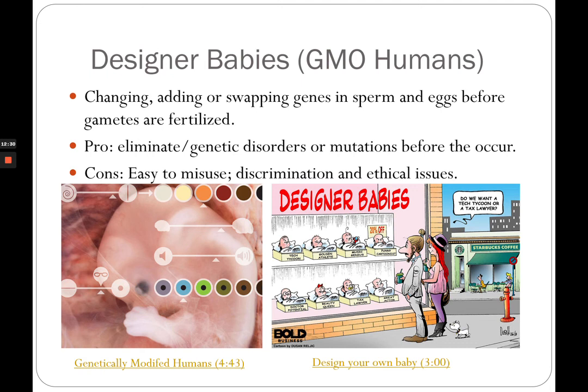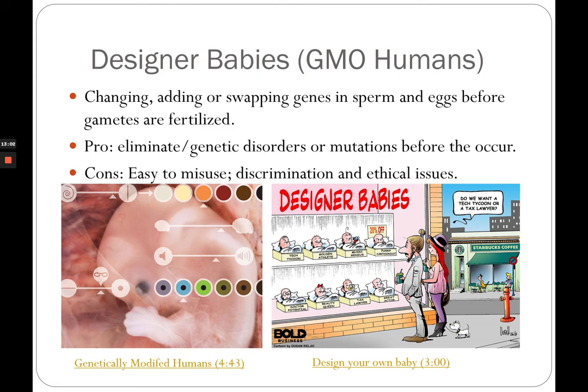So the last little topic here. At some point, with all of these transgenic bacteria, plants, and animals, someone must eventually come to apply this technology to humans. So the idea of having designer babies is not a new idea. It's been around for decades. However, the technology is getting closer and closer to making this a reality.